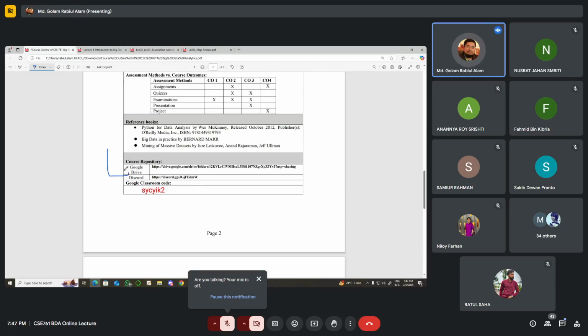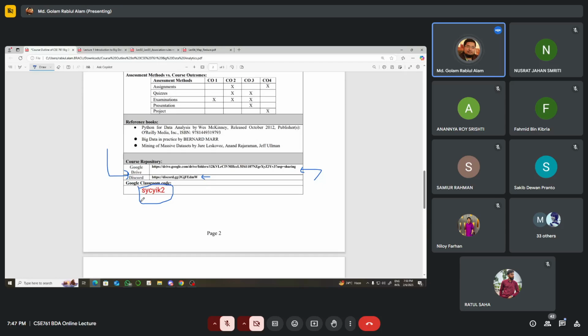Here is the Google Drive. I think you need to visit this drive for the course materials. Specifically, the lectures and some of the reference books are there. I will share this course outline. And we have a Discord channel for communication. And also this is our Google Classroom code.